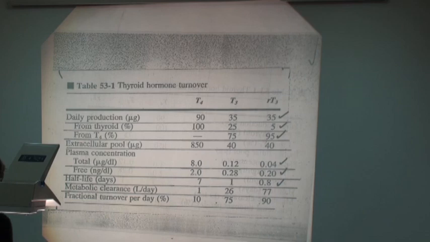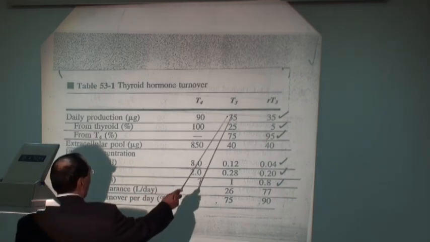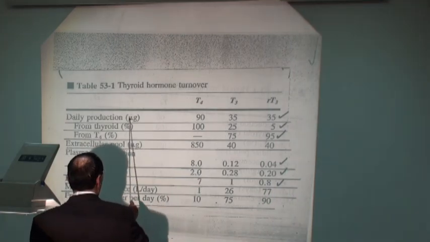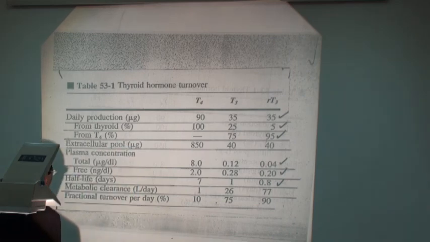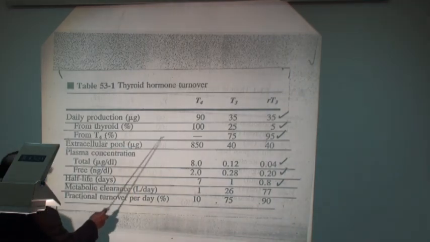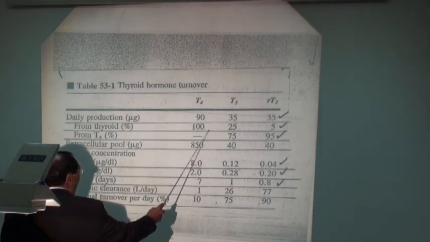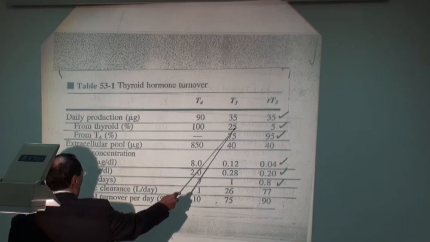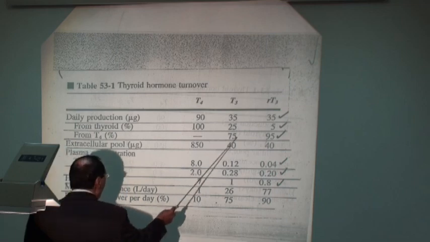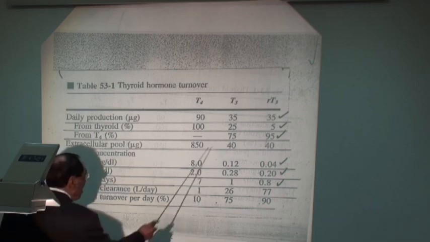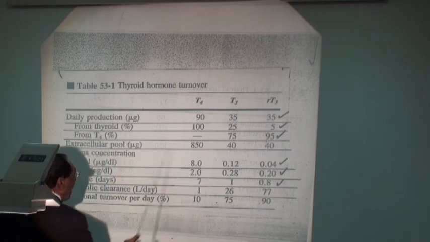Just now we said that the thyroid gland produces mainly T4. This is in micrograms, and 35 reverse T3. All the T4 is from the thyroid, but only 25% of T3 is from the thyroid, and 75% of T3 is from T4.